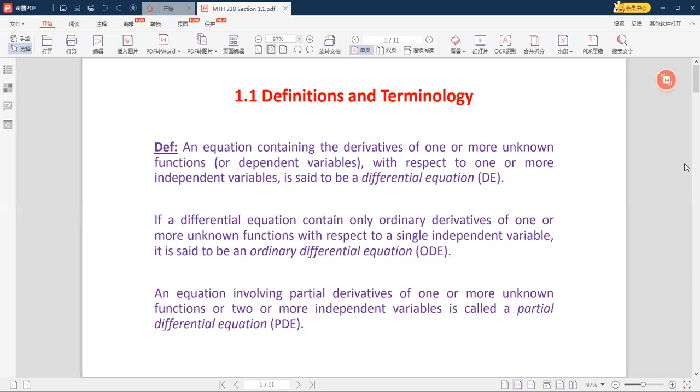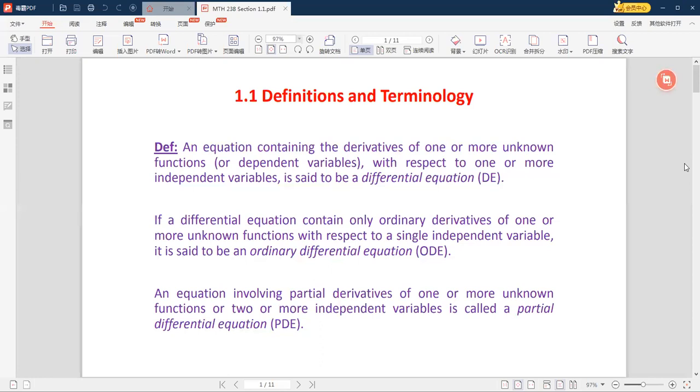So this course is called applied differential equations. So we want to know what it means by a differential equation. The definition of a differential equation is an equation containing the derivatives of one or more unknown functions, which we also call dependent variables.